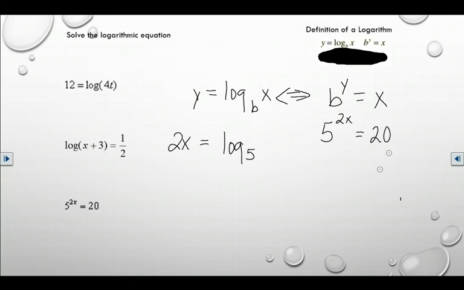And then, so now, what do? Quit. Change base formula. What's the change base formula say? If I've got a different base, I take log of 20 over the log of 5, right? So 2x is equal to log of 20 over the log of 5.